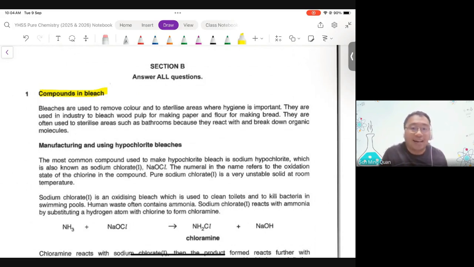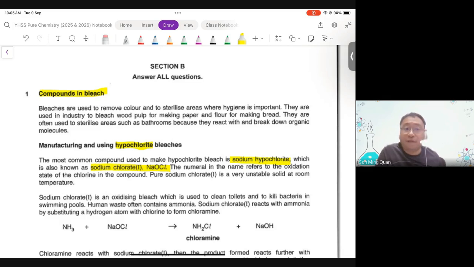Let's say if a stain gets onto the clothes, how then do you remove these stains? All right, so bleaches can help to remove these stains, but how do you remove the stains? So the first step is to highlight the title. The second step is to read. Now, most of the words are not super important. So, which are important words? The important words are always chemical names.